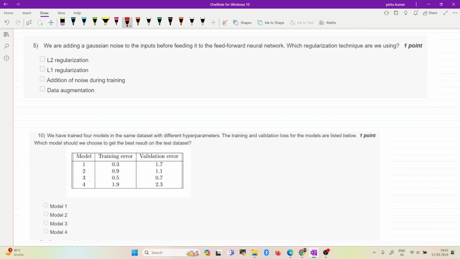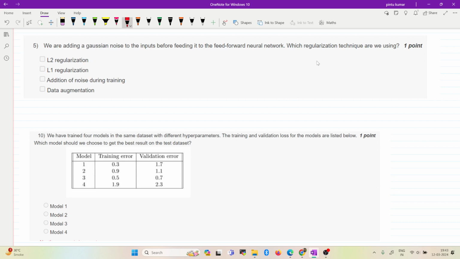So this question is, we are adding Gaussian noise to the input before feeding it into a feed-forward network. Which regularization technique are we using? Can you guys answer? I think L2 regularization. Okay, so we are adding noise to the input. Then what kind of regularization are we using?